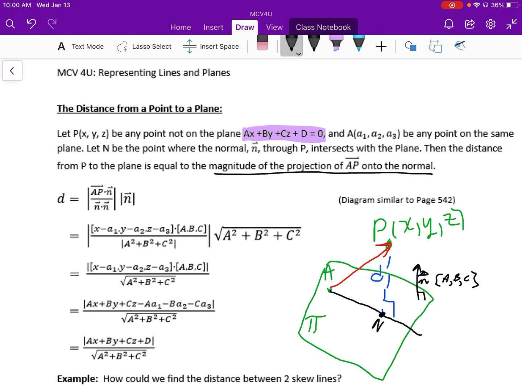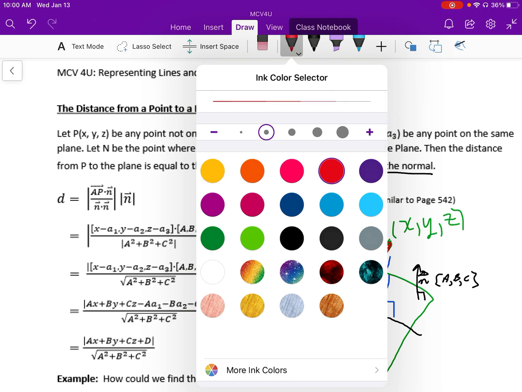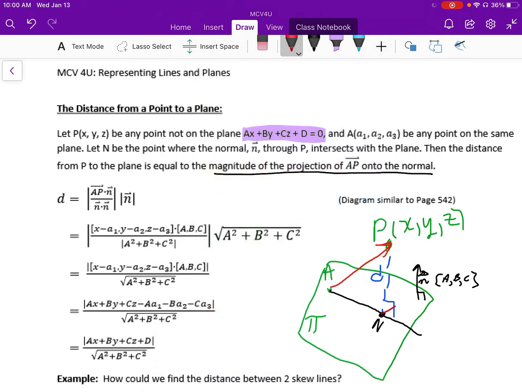Let's make it red, move AP, so that AP is now over here. Again, it's the projection onto the normal. The normal vector moves along here, so it comes straight onto it, perpendicular there, and then we can go with the projection.